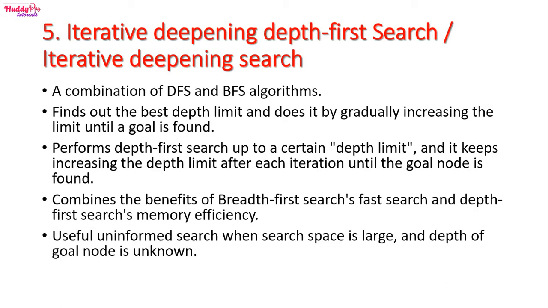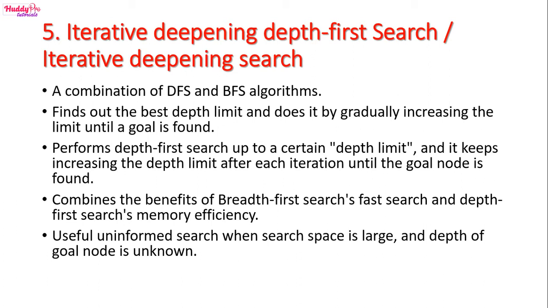Now number 5 is the iterative deepening depth first search algorithm, or simply iterative deepening search. The iterative deepening algorithm is the combination of the depth first search and the breadth first search algorithms.